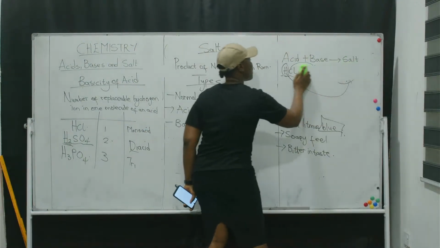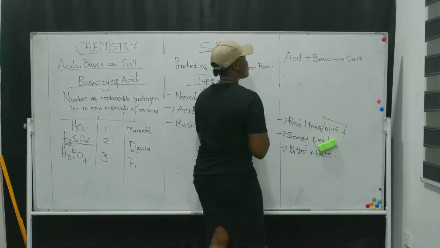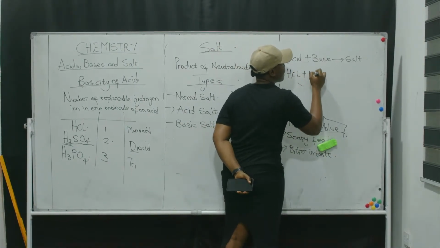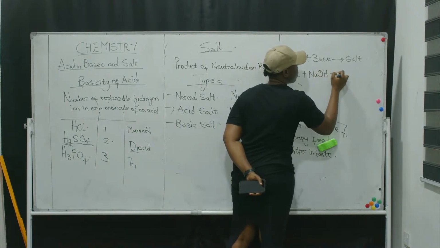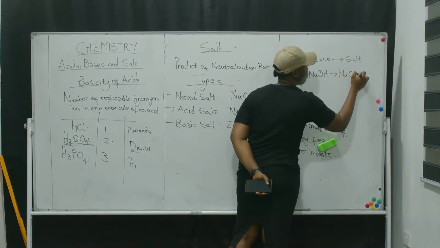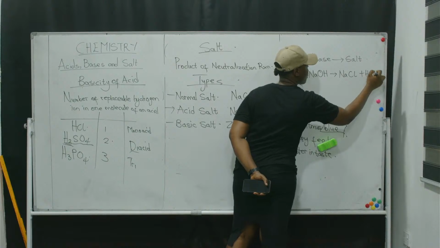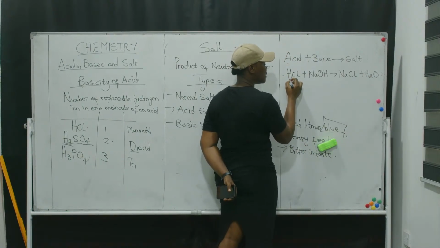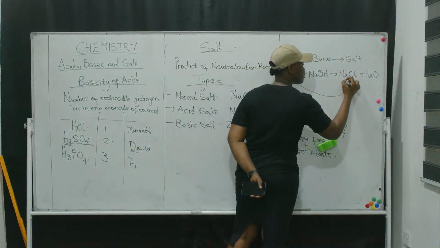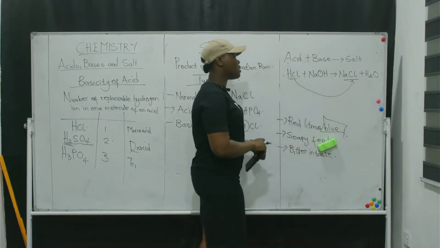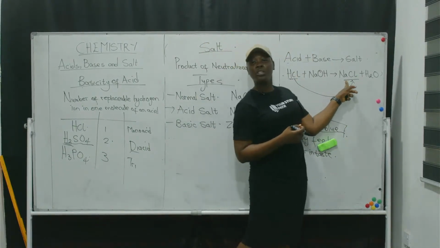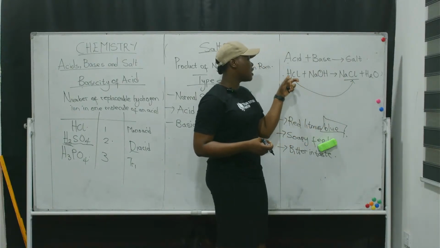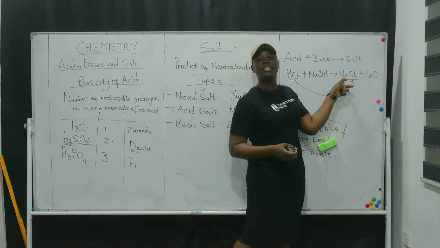Let me take the explanation again. HCl plus NaOH will give NaCl plus water. It moved from this to this. What's the difference? Chlorine is here, right? Hydrogen is here, sodium is here. That means this hydrogen has been replaced by the sodium.